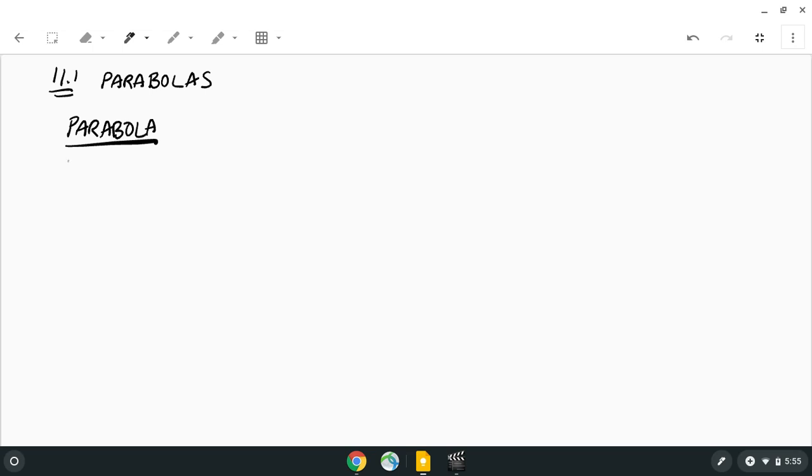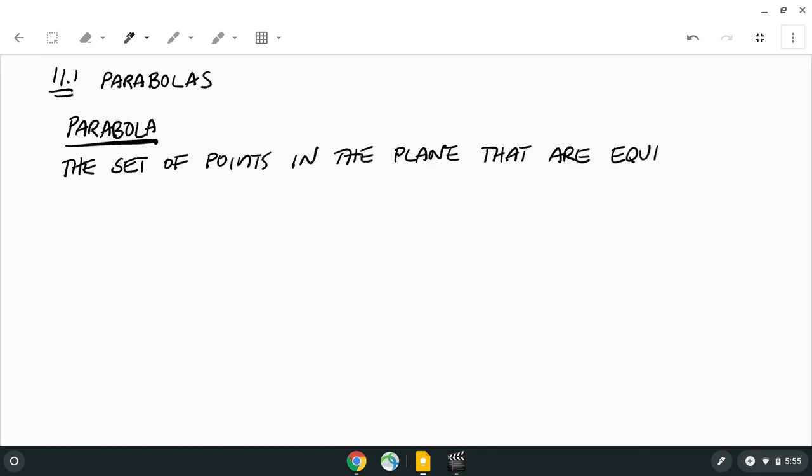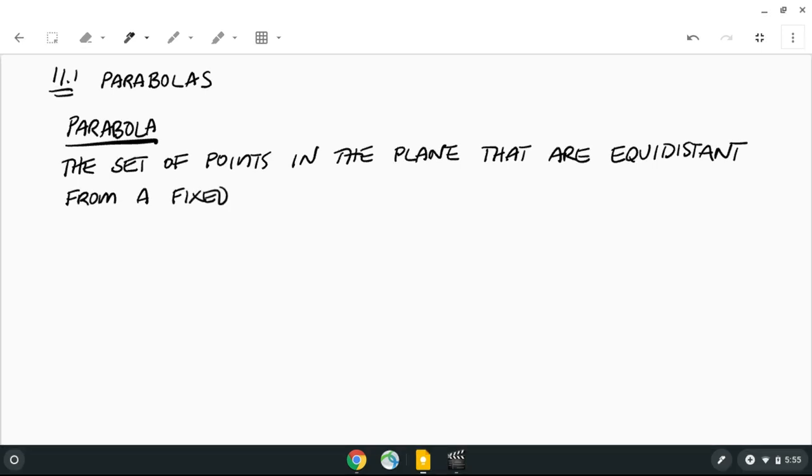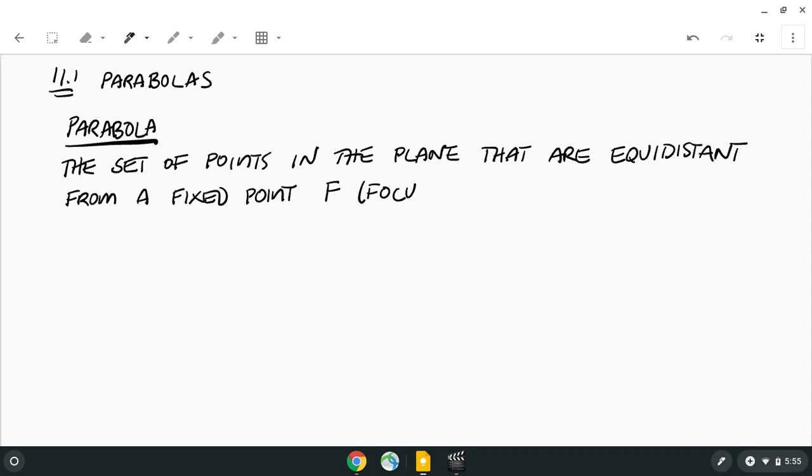So a parabola is basically the set of points in the plane that are equidistant from a fixed point F, which is called the focus, and a fixed line, call it L, which is called the directrix.